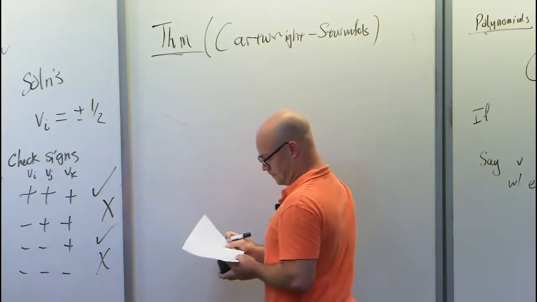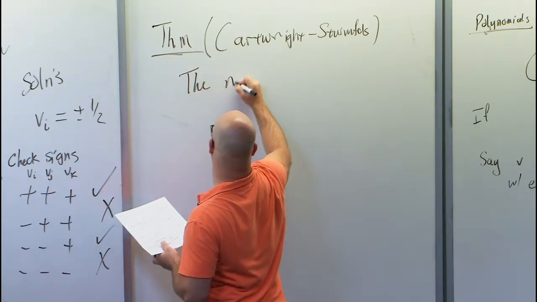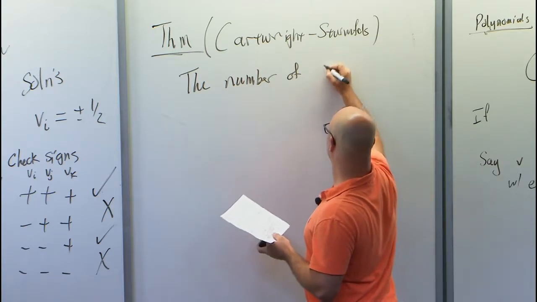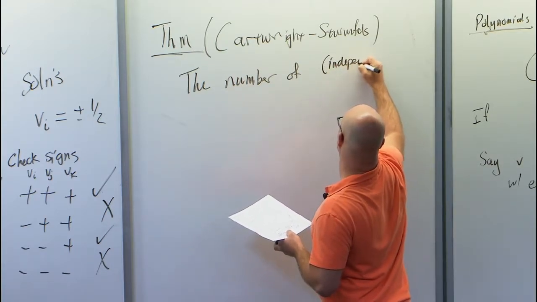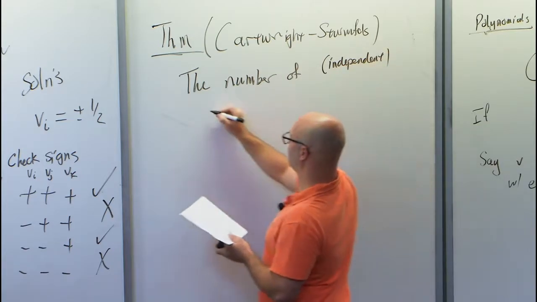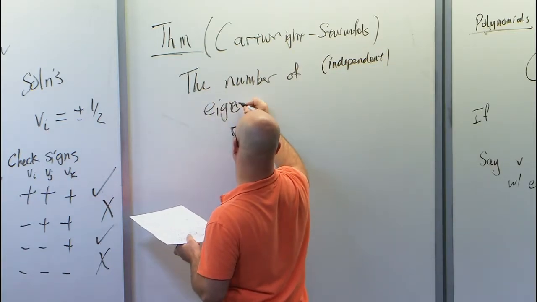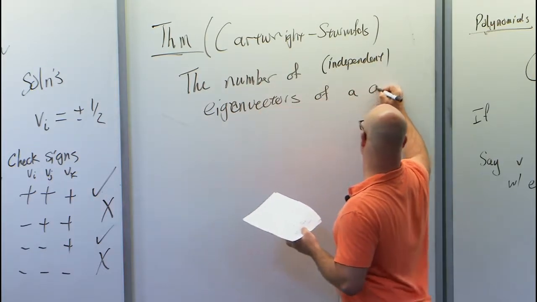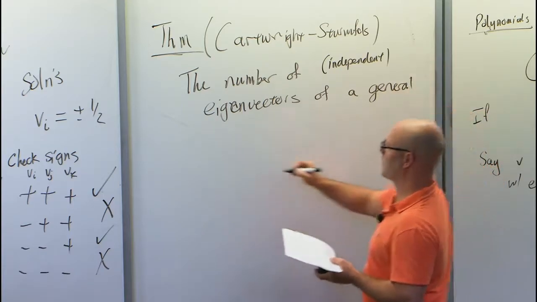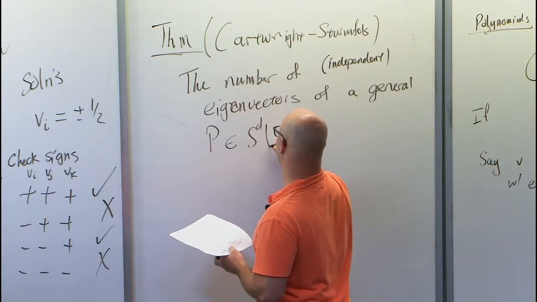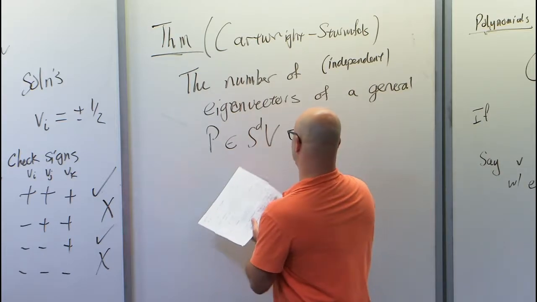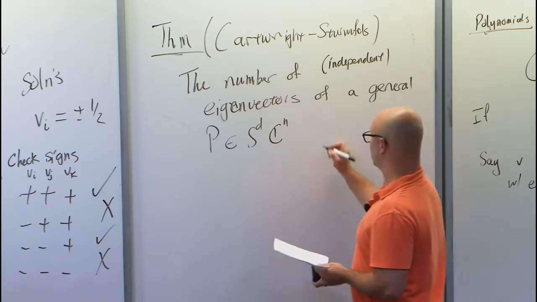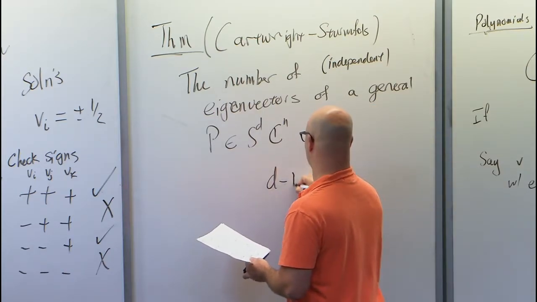The number of eigenvectors of a general tensor in Sym^d of C^n is this beautiful formula.